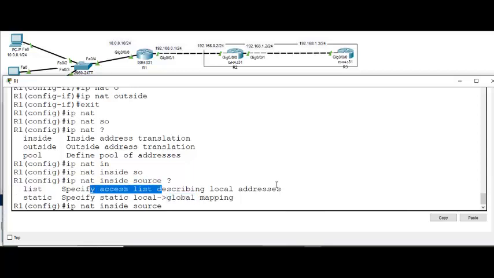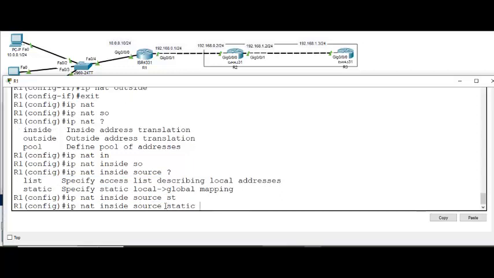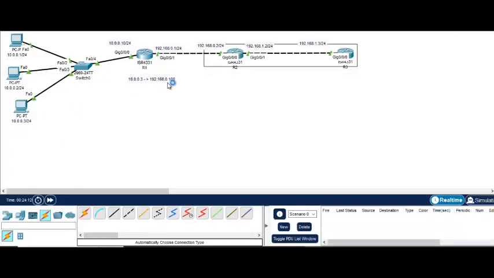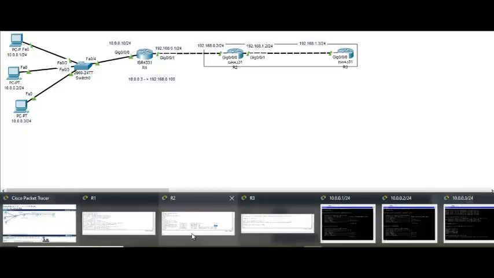To which address do you want to translate? It is 192.168.0.100, isn't it? How easy it is, you see. Now only from this computer, if you ping, it will ping. Other computers we did not map.